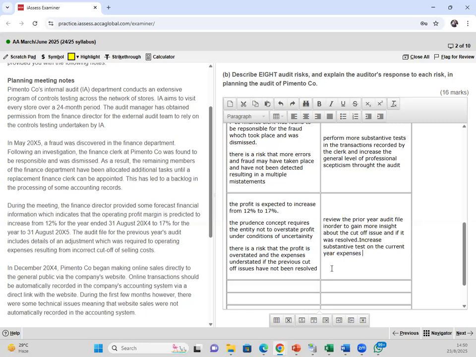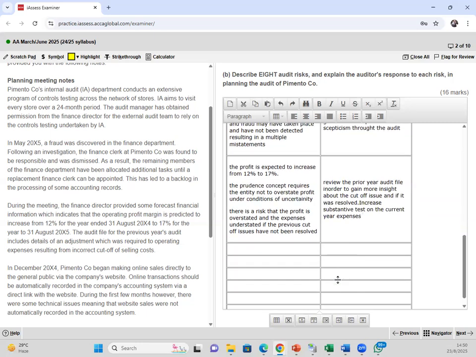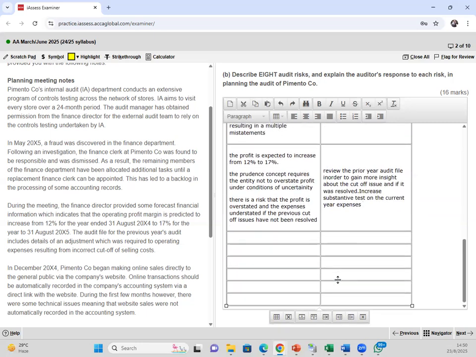So we can also increase my substantive tests, especially to do with cut-off on the current year expenses, to ensure that they have not understated the expenses. Since they are expecting a high profit, the question is showing you that profit is increasing.